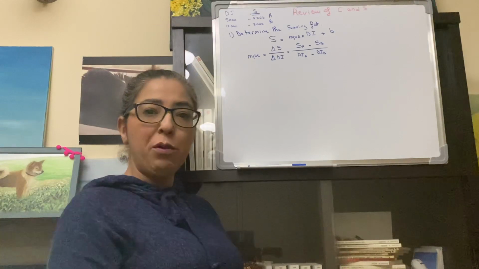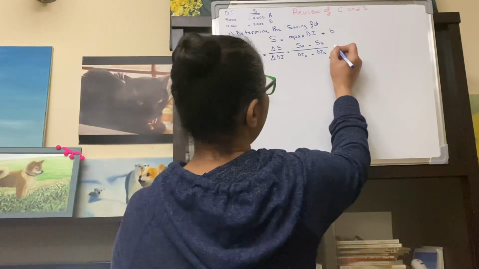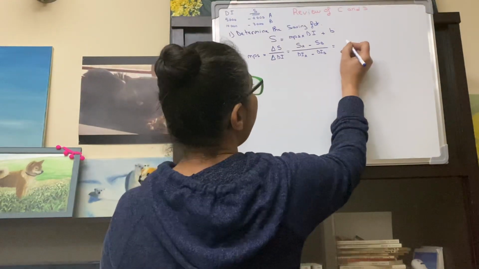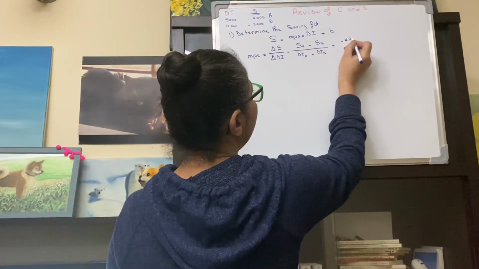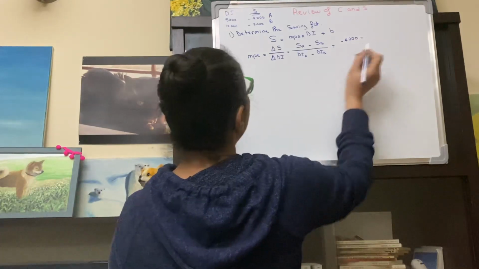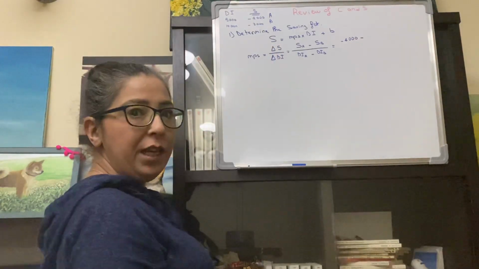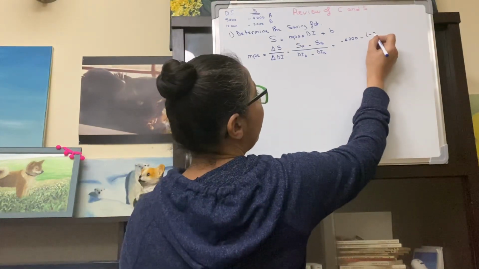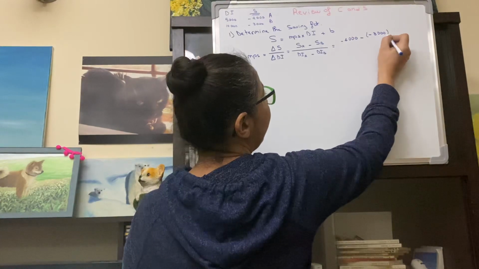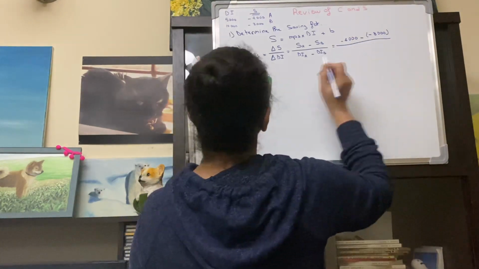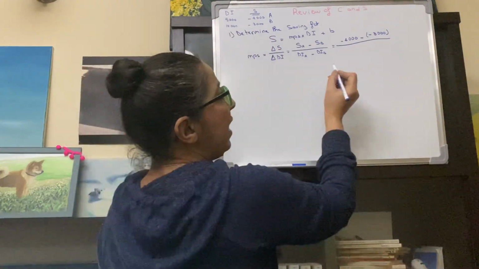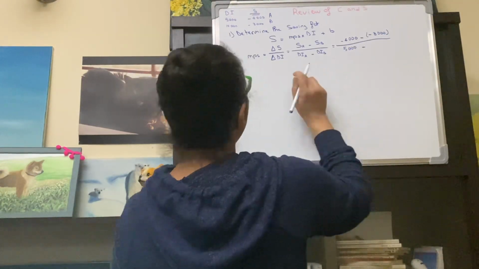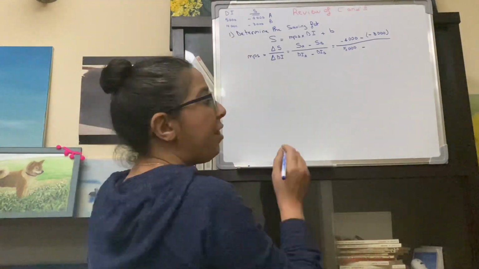We're going to replace now with the numbers and see what it gives us. So saving at A is minus 4,000, minus saving at B, which is minus 3,000, over DI at A is 5,000, minus DI at B, that is 10,000.